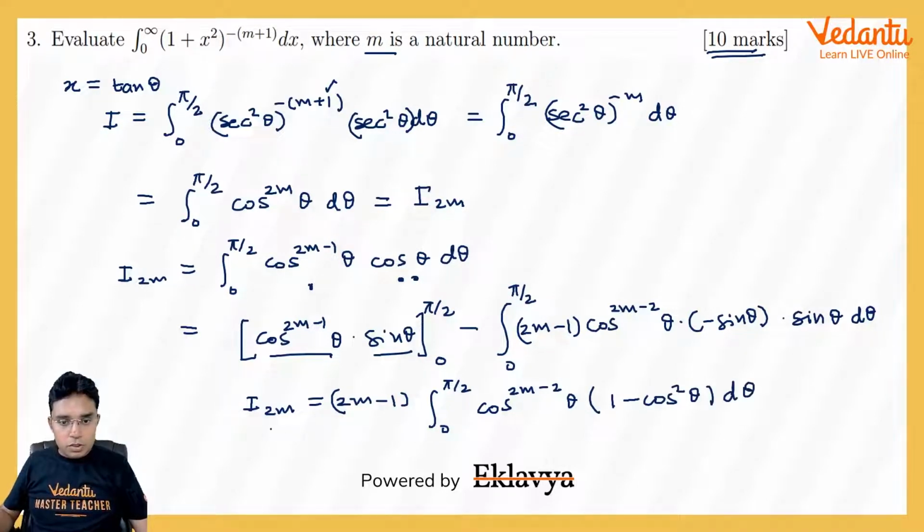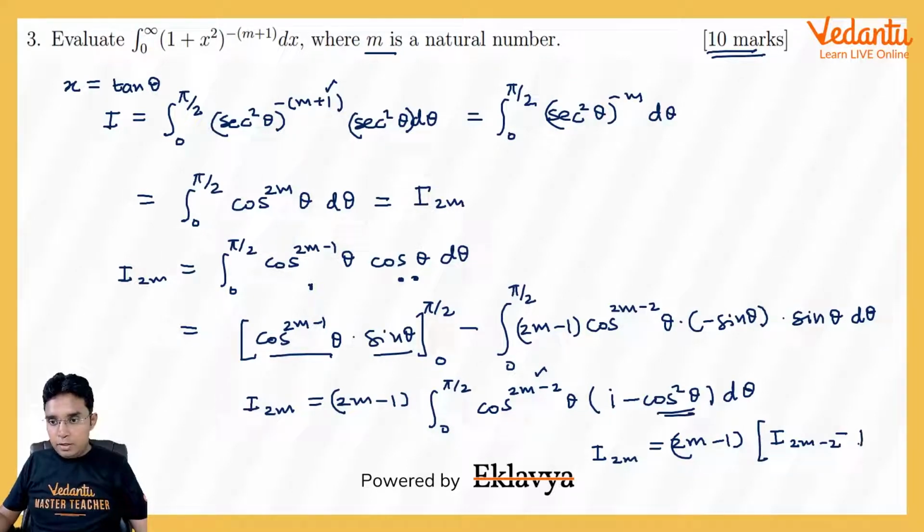So this I2m is equal to 2m minus 1 into the integral of cos 2m minus 2 theta into 1, which I can write as I 2m minus 2, minus, when cos square theta is multiplied, this will be I2m here. So let us bring this I2m to one side.